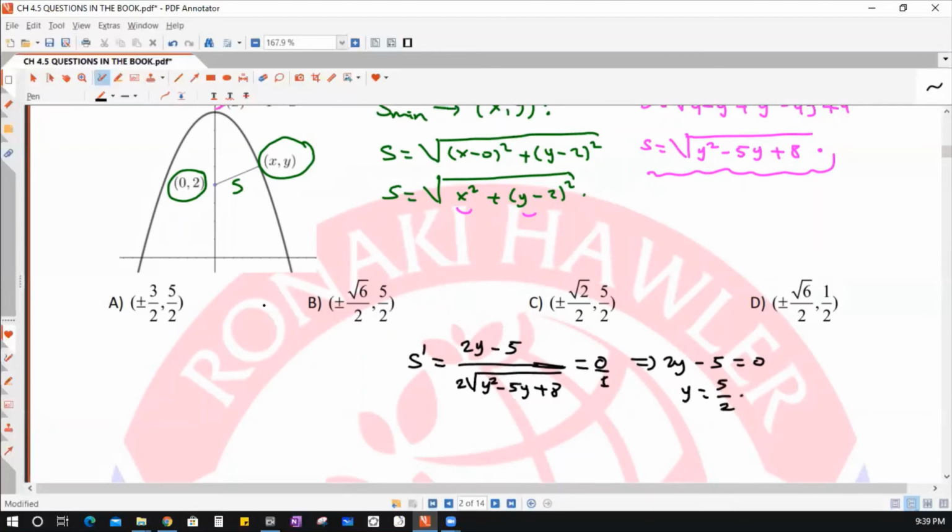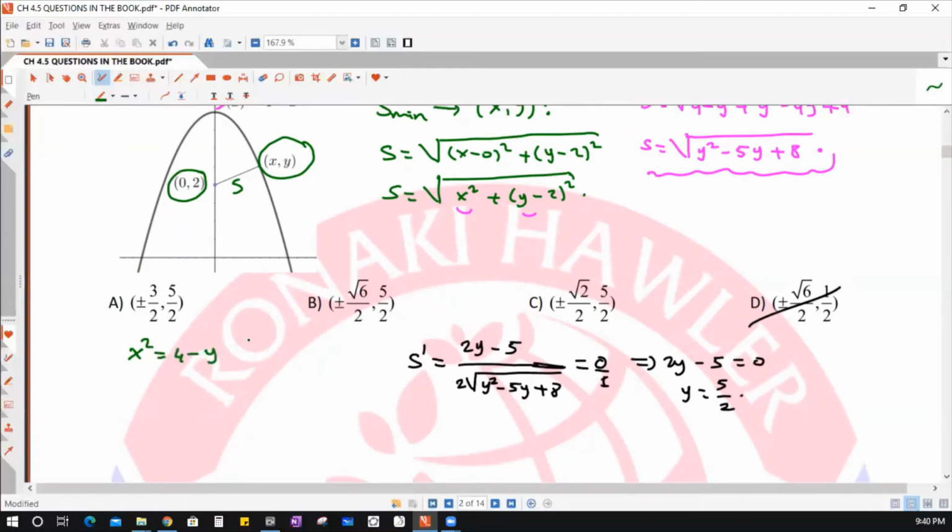See that your answer cannot be D, because 5 over 2 is the second component; in A, B, and C, we have the 5 over 2. But what about the first component? We must plug this in. We know that x squared equals 4 minus y.